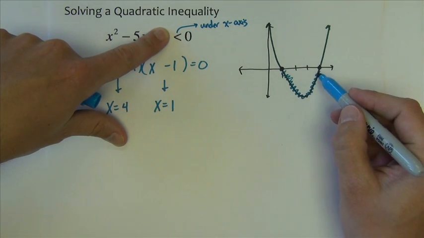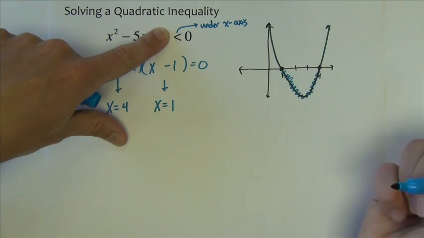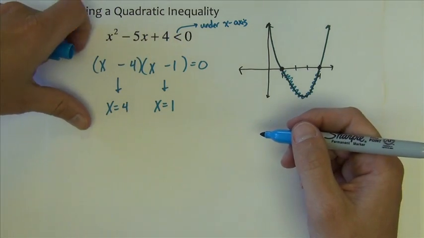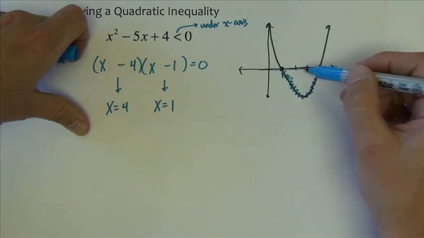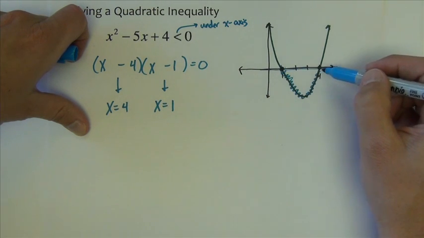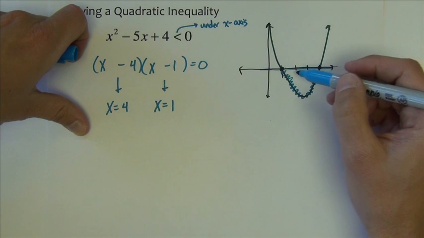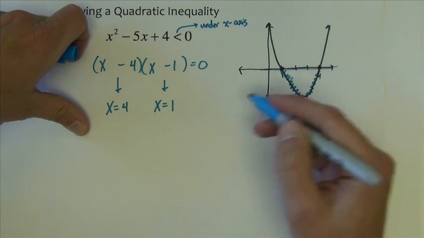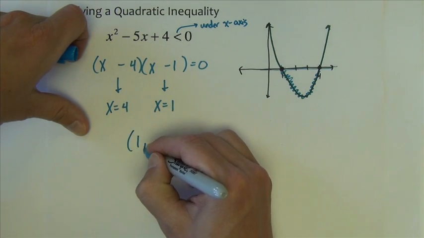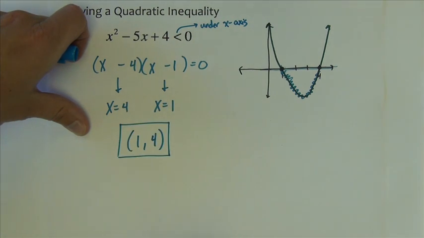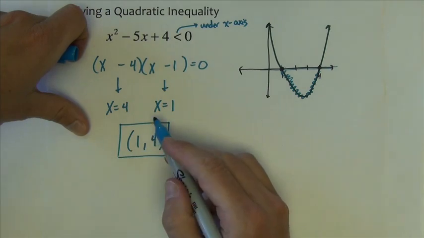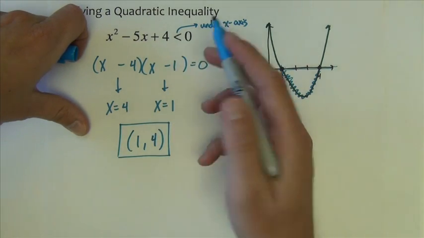It's under the x-axis between 1 and 4. If you pretend like this is a number line right here, the x-axis is a number line, you've got circles on 1 and 4 and you're shading on the number line. We're shading everywhere between 1 and 4. And there's my solution. Rounded parentheses because we are not equal to.